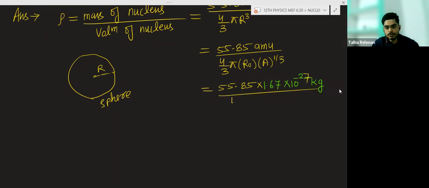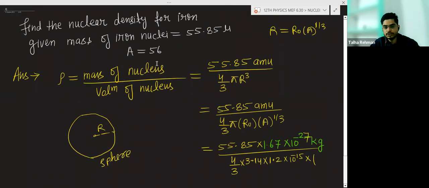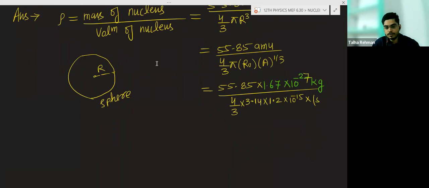And this is 4/3, pi you can take 3.14. R naught value we already know, R naught is given by 1.2 into 10 to the power minus 15. And A is given in the question, 56. So this will be 56 to the power 1/3.